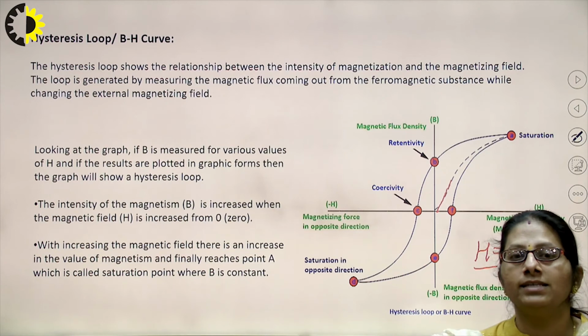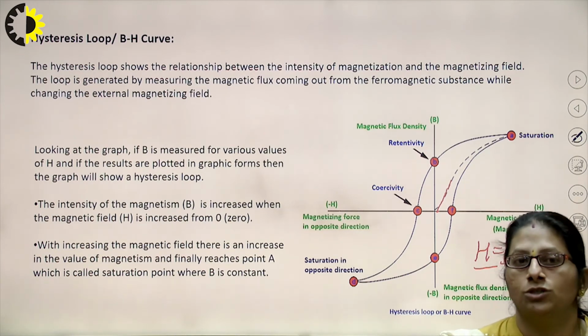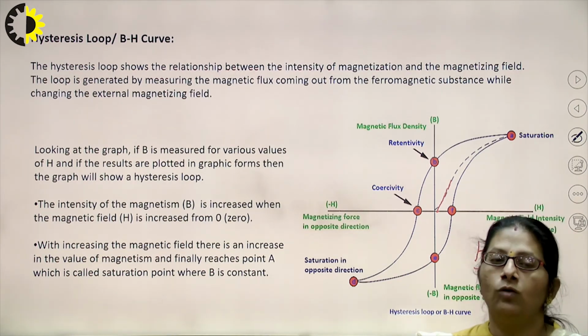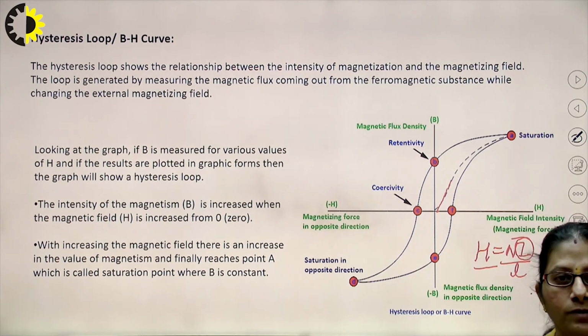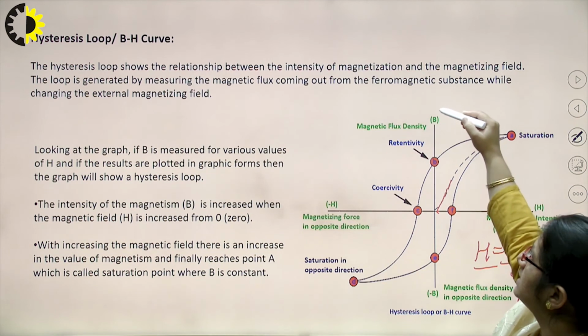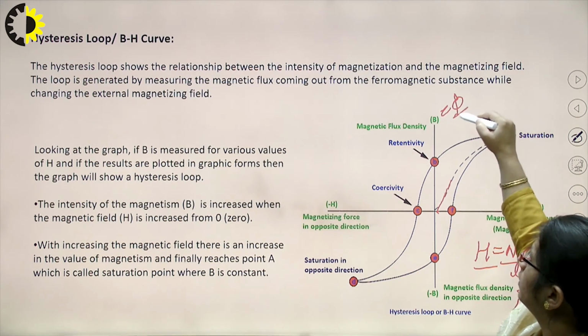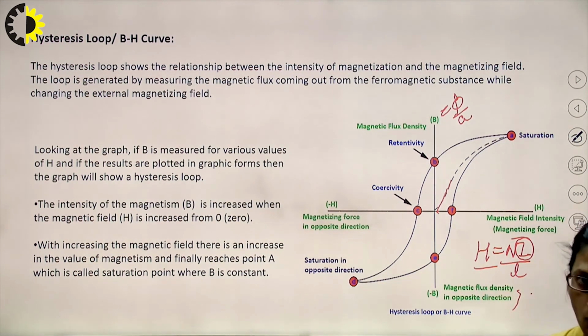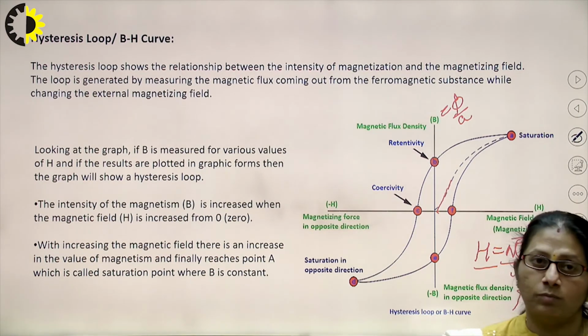By increasing the current in the positive direction, the magnetic flux density, which is flux upon area, with the area constant, is proportional to flux.